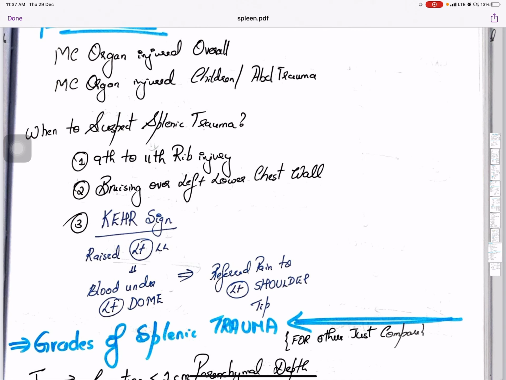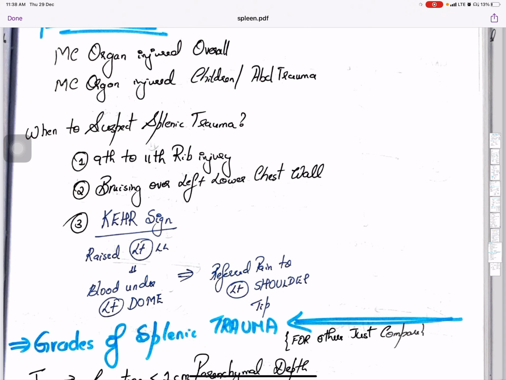Then when we have Kehr's sign. Kehr's sign: on raising the left lower limb, blood accumulates under the left diaphragm, the left dome of the diaphragm, which causes irritation of C3, C4, and this pain is referred to the suprascapular region via the suprascapular nerve, C4. Okay, no, don't worry, just keep pushing.